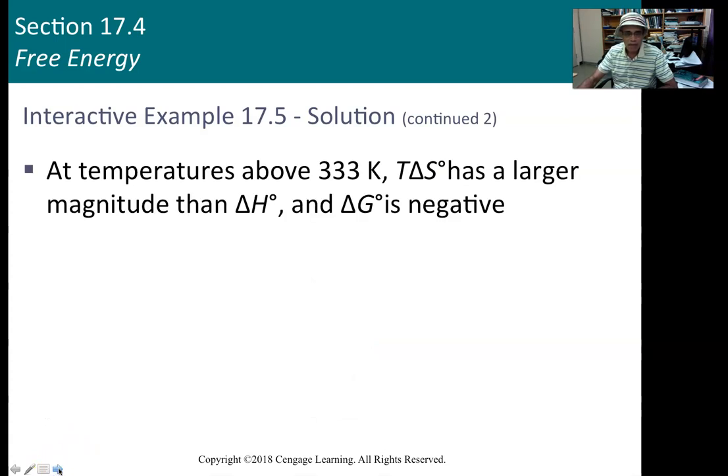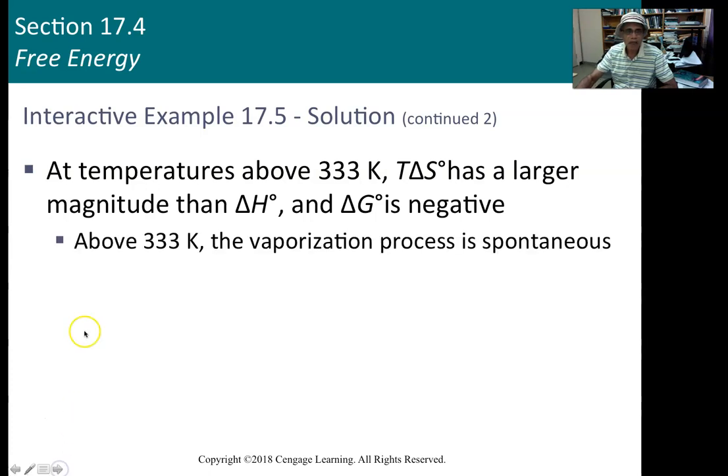So that is a temperature. What does that mean? At temperatures above 333, the T delta S term is going to be greater than delta H, and that will give you a negative delta G. In other words, that temperature, which is the vaporization temperature, is actually the threshold for whether this is going to be a spontaneous process or not.